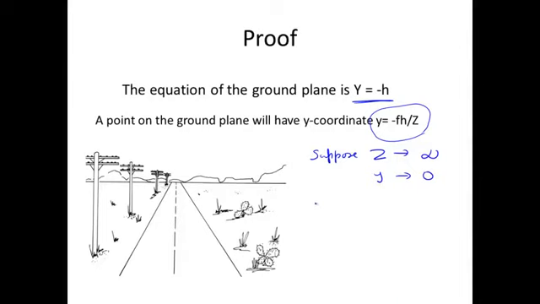So if there are points which are nearer to us, what will happen? y will be more negative. So what does that mean? That means that it will be lower in the image.